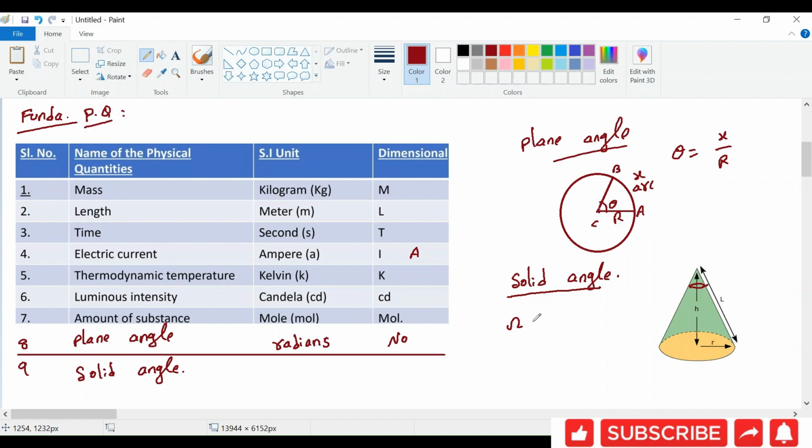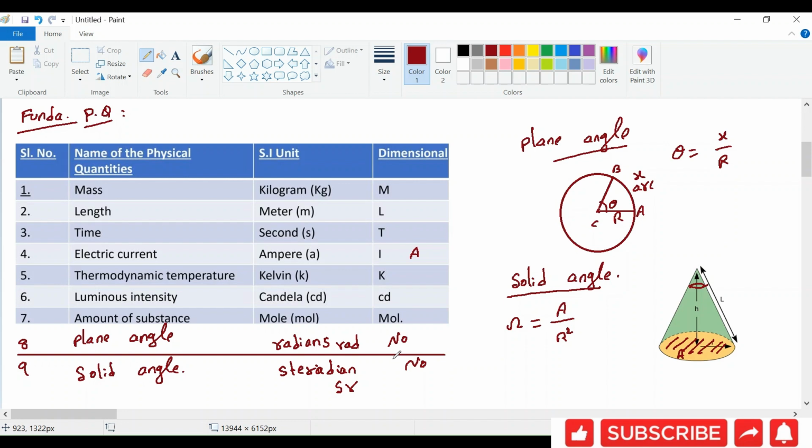Solid angle is equal to area by R square, where this area A is how much area is covered, and R is the radius. Again you see it is dimensionless. Its unit is steradian, represented with SR, and radian is RAD, with no dimensional formula. These two are very important: plane angle and solid angle do not have any dimensional formula.